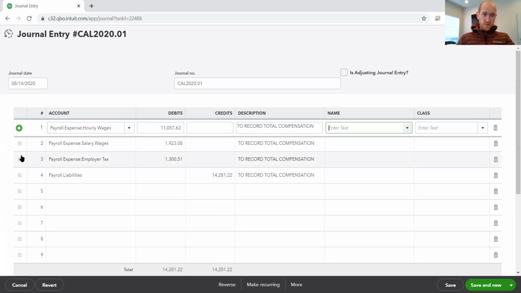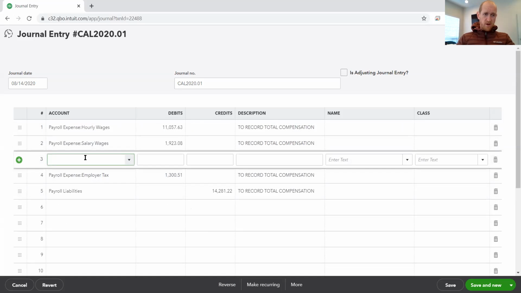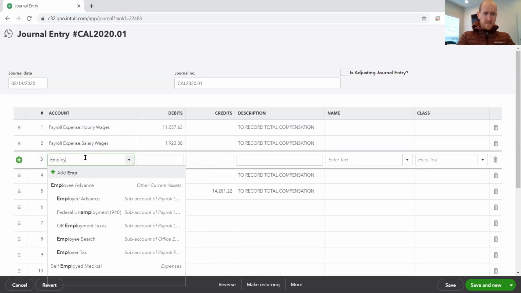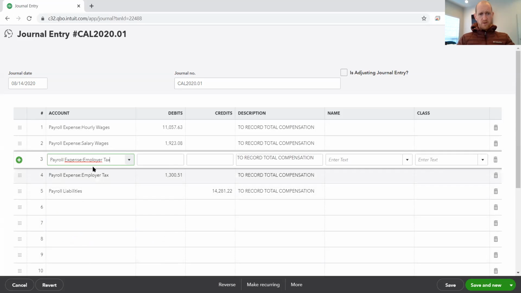If you want to, you can also break out the employer taxes like that too. But you would have to call it employer tax hourly, employer tax salary. And then you can get an idea of what was your hourly wages versus your salary wages.